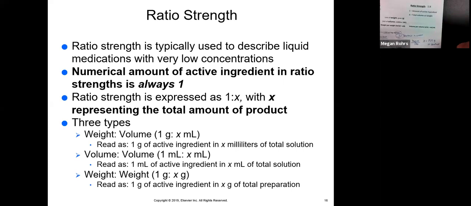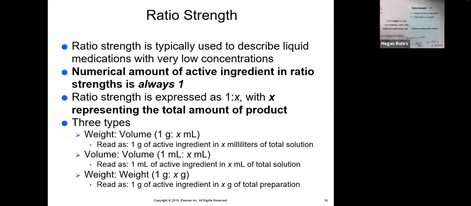So we are still comparing the amount of active ingredient to the total volume or weight in a product. However, this time we are going to be using 1 to x, or 1 over x in this case. And now this time our 1 is our active ingredient and our x is going to be the total weight or volume.